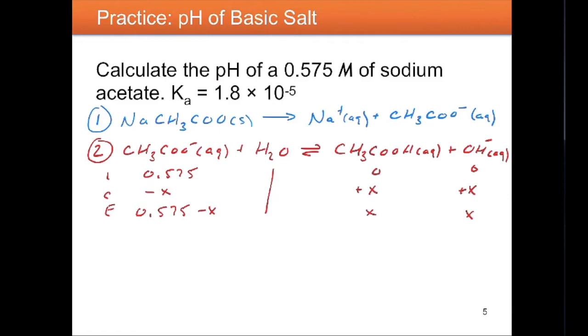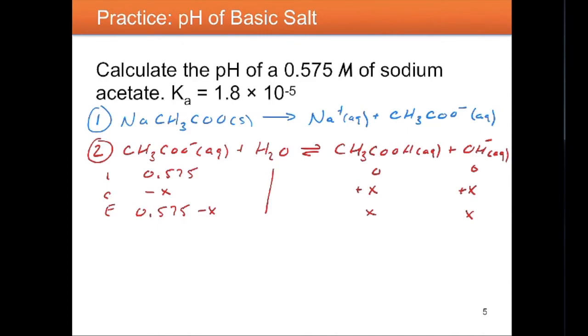So now that we've identified that CH3COO-, the acetate anion, reacts with water, we can write out the equilibrium equation. So acetate plus water in equilibrium with acetic acid and OH-, and then we can set up our ICE table.